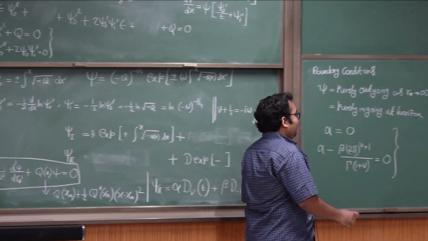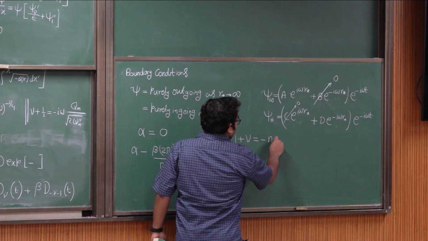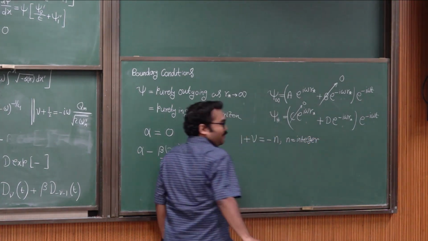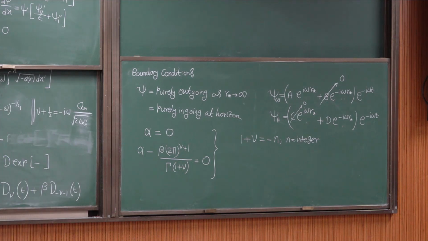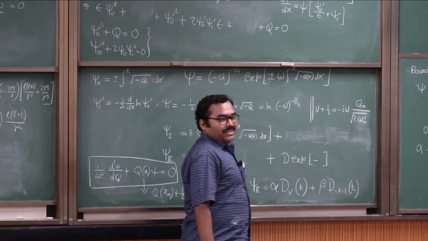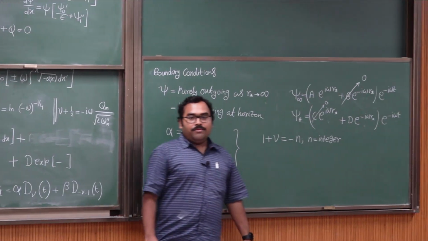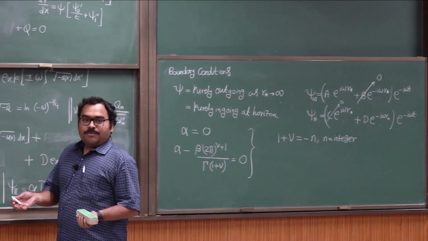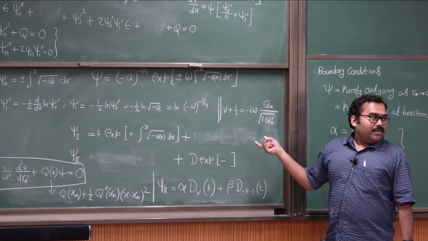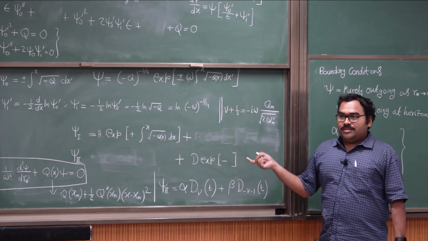The solution of this equation is, because beta cannot be 0, whatever you do, the only possibility is that gamma of 1 plus nu should be divergent, and as you know, the gamma function of negative integers diverges, so 1 plus nu should be the negative of an integer, and then you have got your spectra because nu is related to omega, so you can immediately find out what your omega is. Correct? Any question?